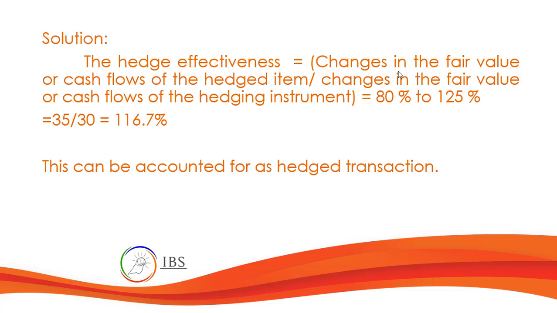So in this case, we have change in the fair value or cash flow of the hedge item, or the loan interest, 35,000, while the change of the futures contract is 30,000 kina. So we have here 116.7%. So this can be accounted for as a hedge transaction. So this is how you will test the hedge effectiveness.